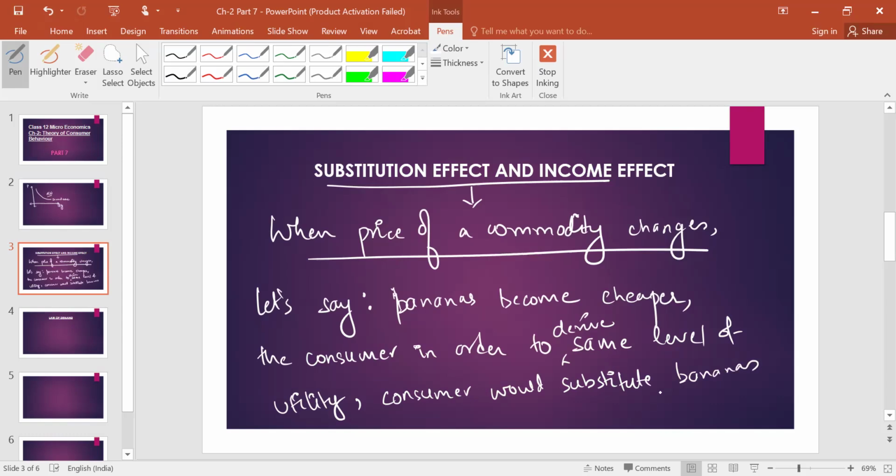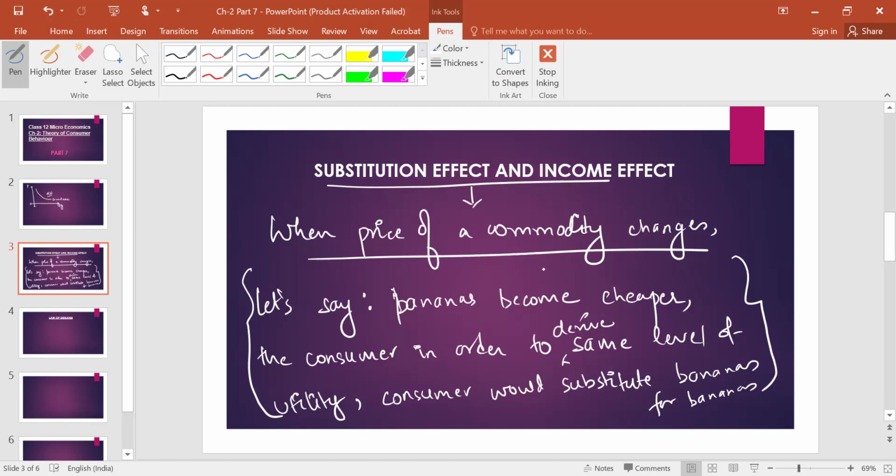That is the substitution effect. So this is the substitution effect that will happen when there's a change in the price of a commodity. Here, as bananas become cheaper, the consumer would change the consumption.